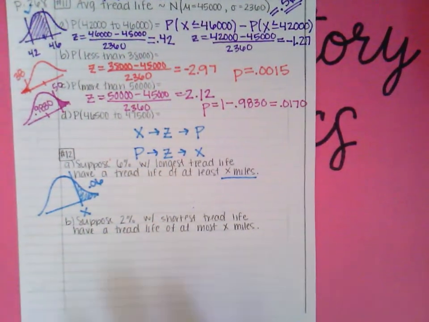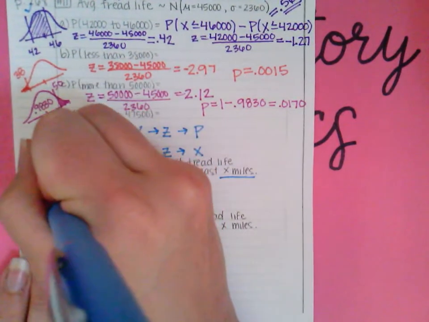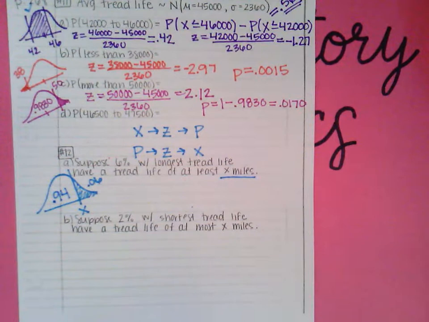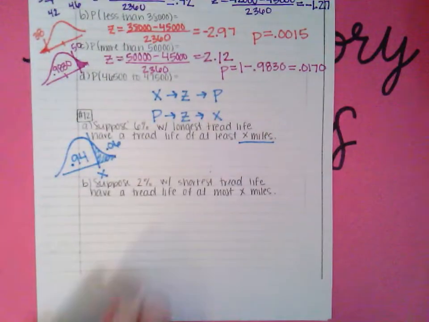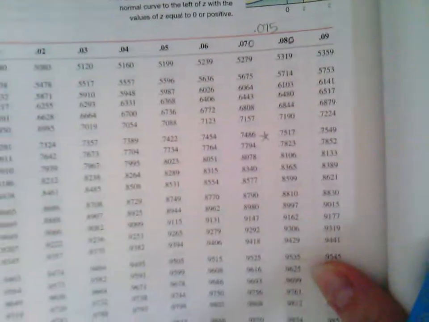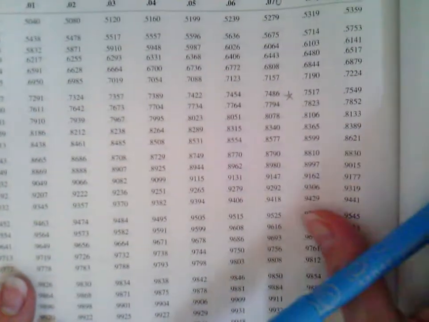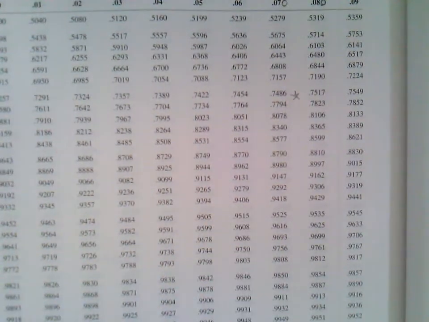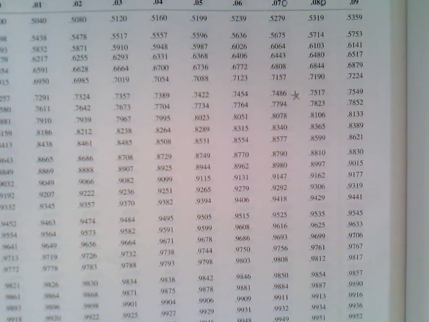Now, if you're going to look these up in your book, remember you need to look up the left-hand side. So we're going to look in our distribution table in the probabilities and try to figure out where 94% is. Okay, 94% is going to happen right in here. Let me grab a pencil since I'm writing in my book.